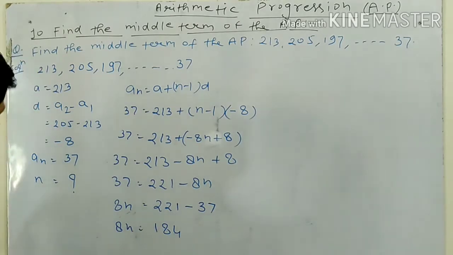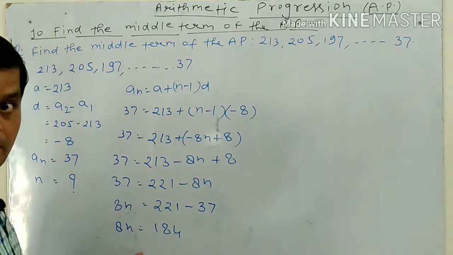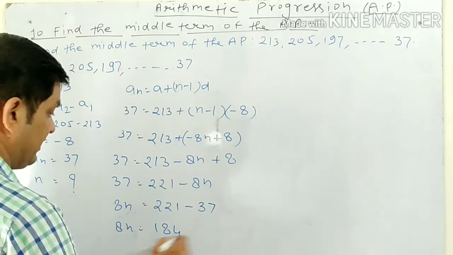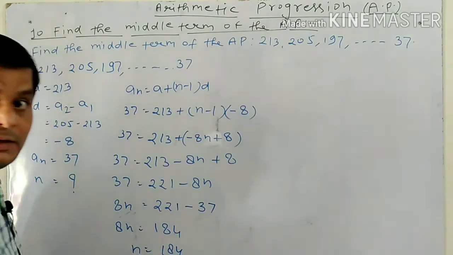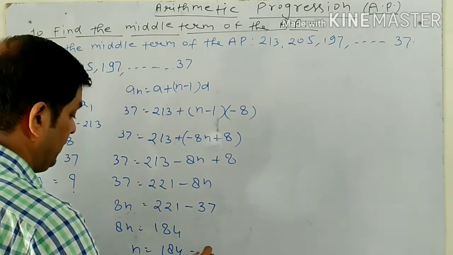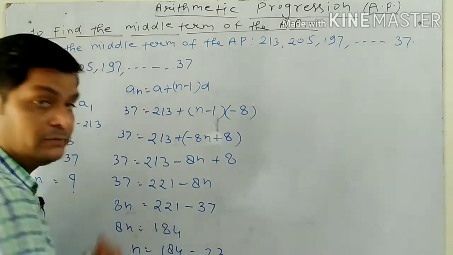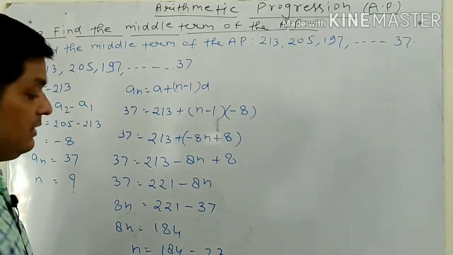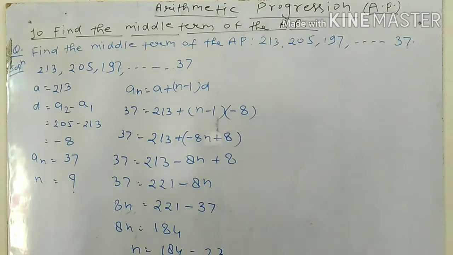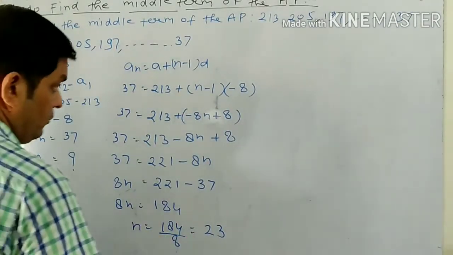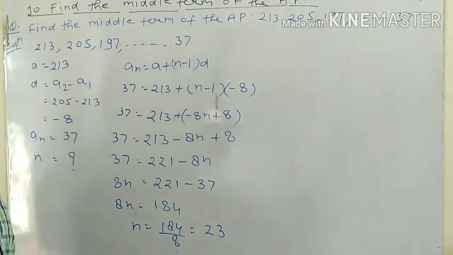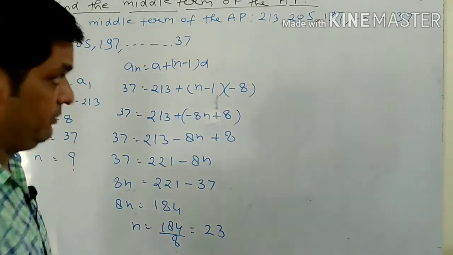So 8n is equal to 184. Now by dividing by 8 we can get the answer. n is equal to 184 divided by 8, which is 23. So here we got the value of n is 23.